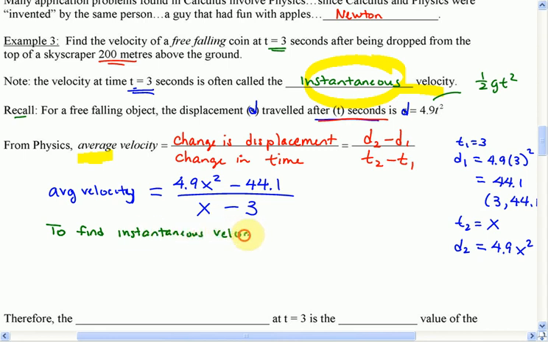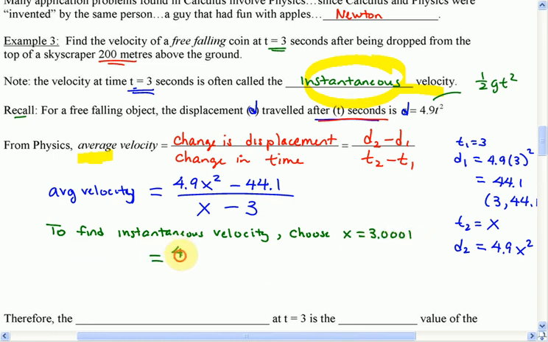Instantaneous means at the actual moment in time of 3. So what value should you choose for x? 0? 0 is not close to 3. Yeah, choose something like 3.0001. Okay, so go ahead and do that for me, please.